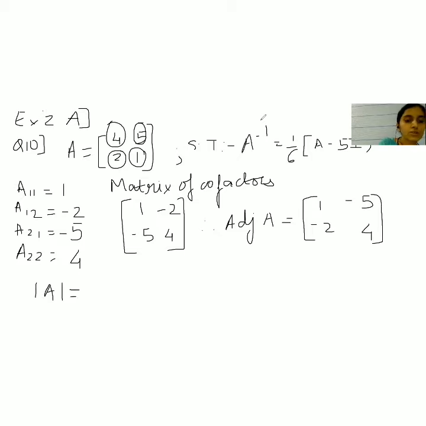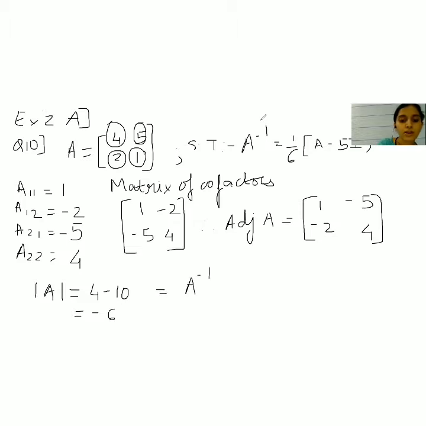So what is the determinant of A? 4 minus 10, that is equal to minus 6, correct? So what will be the A inverse now?